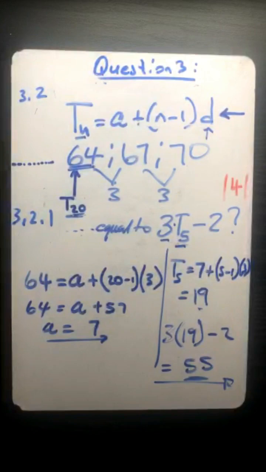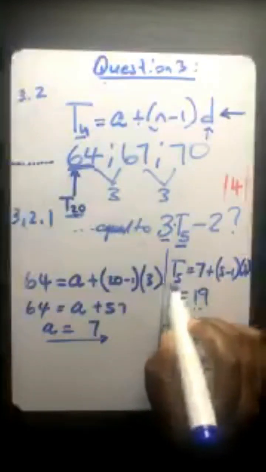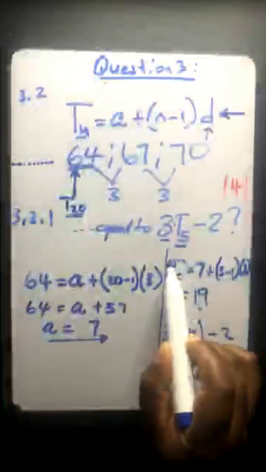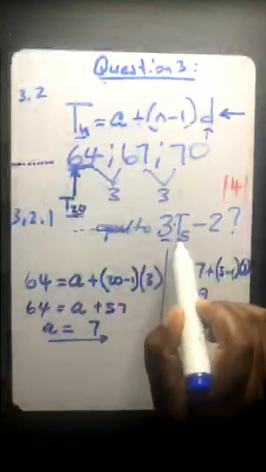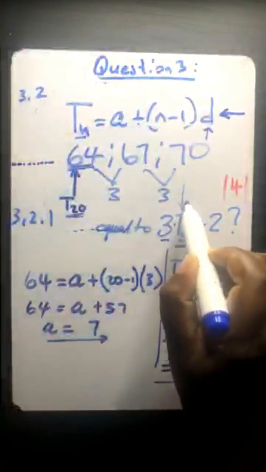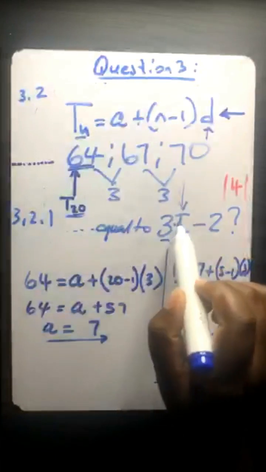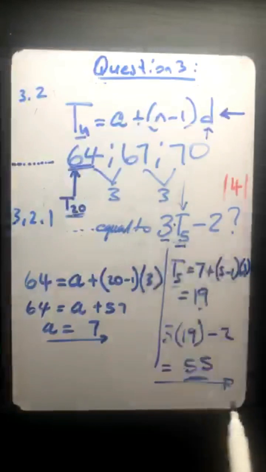This is what we did. We understand that term number 5, we just substitute on that formula there. Why term number 5? It's because we want to know the value for term number 5, so that we substitute it there, and after substituting, we punch that in and get an answer.